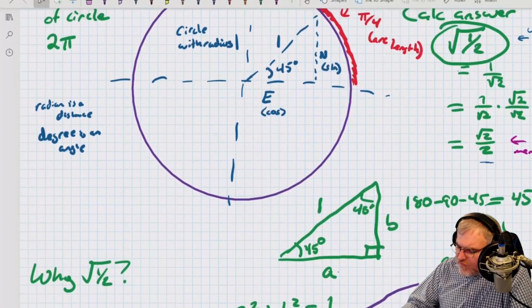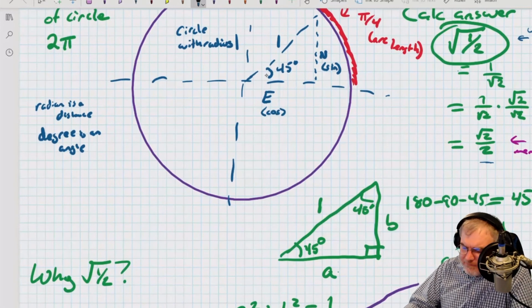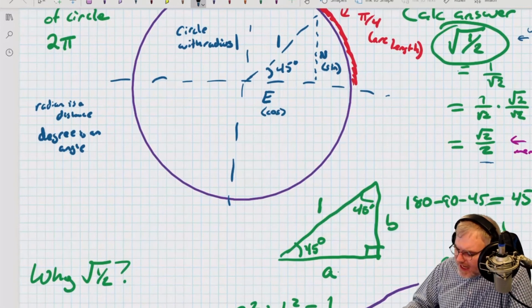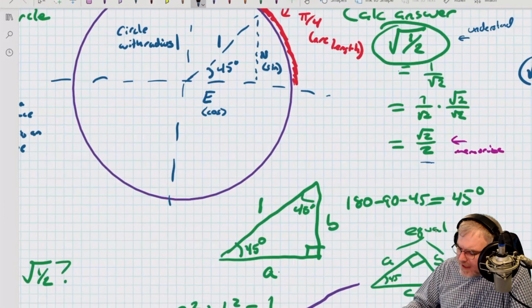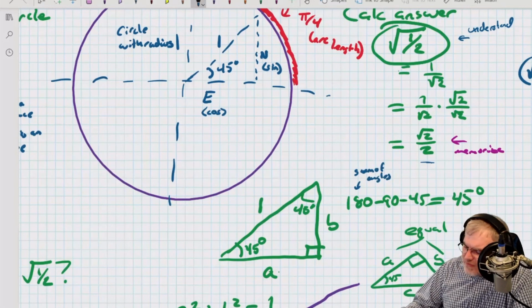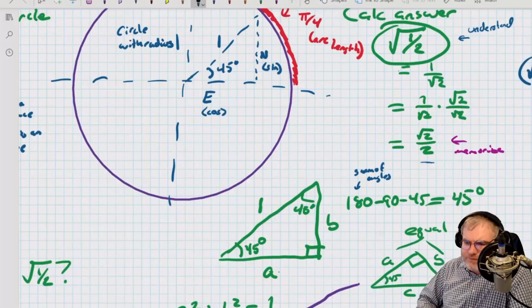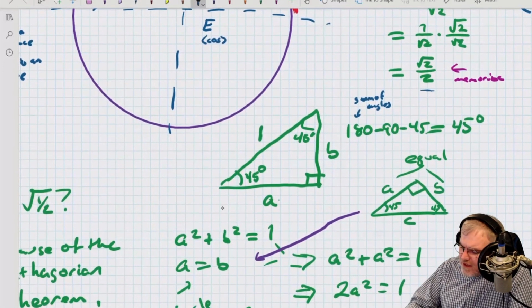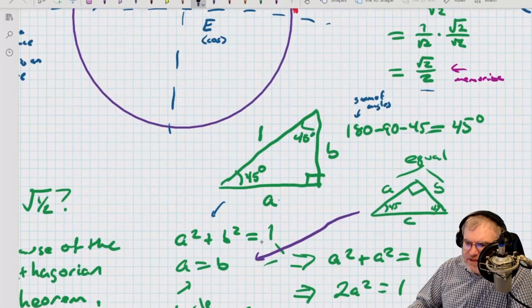Well, this is 45 degrees, half of 90. And this is 90, and the angles of a triangle must add up to 180. That means this other angle is 45. And this is a right triangle, and because it's a right triangle, a squared plus b squared equals c squared, which is 1.